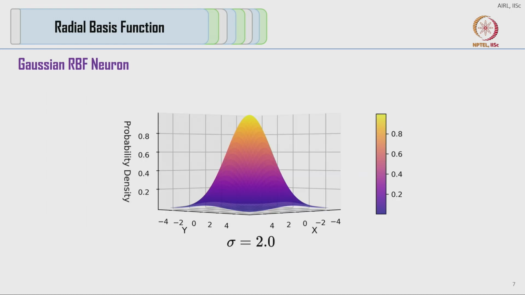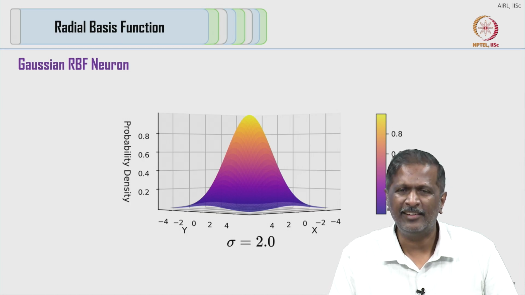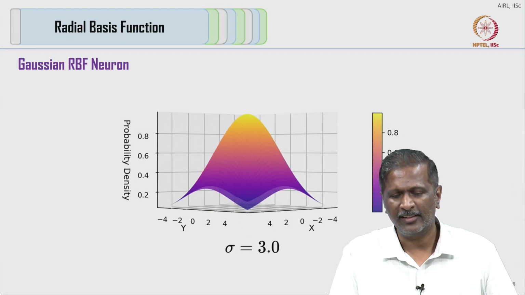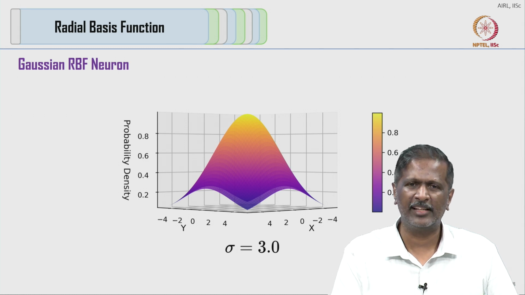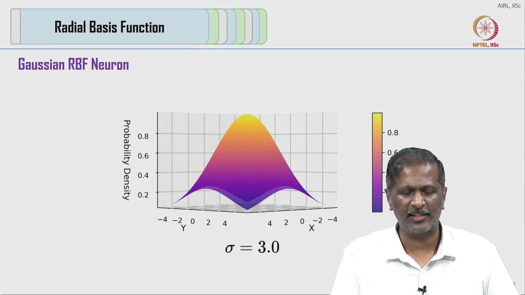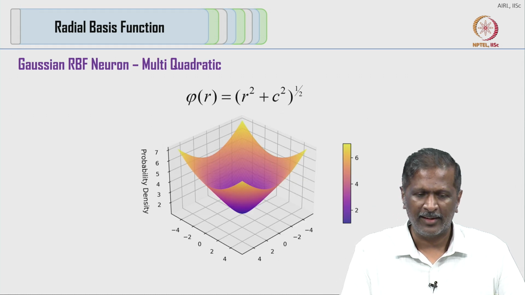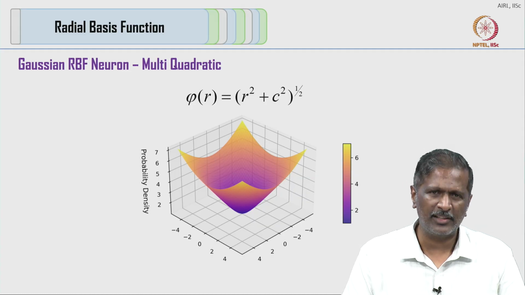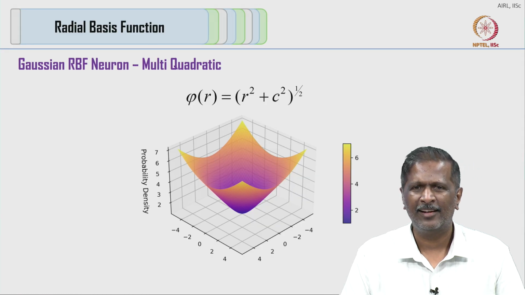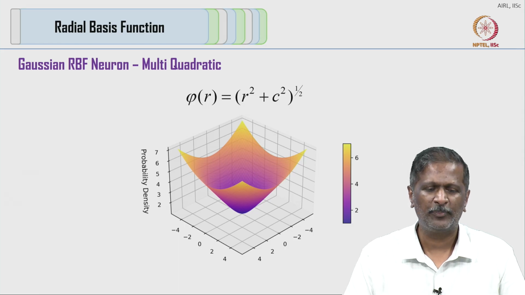Now, if I keep increasing the width, it becomes flatter and flatter, right? So if I have more spread, this is how it looks in the input feature space of x and y, right?